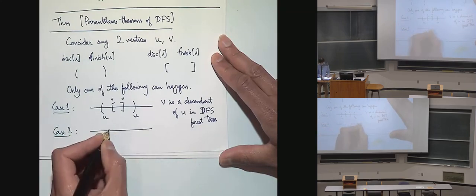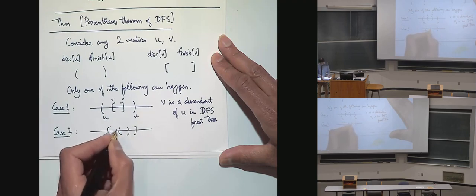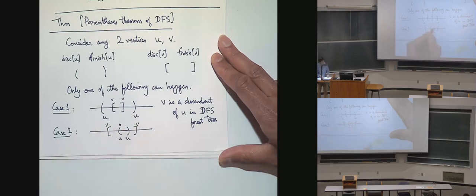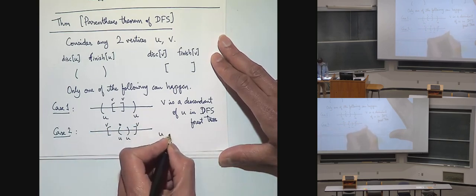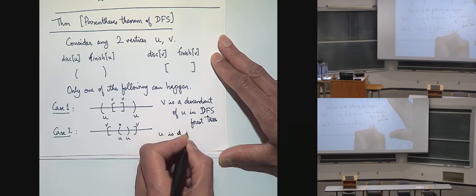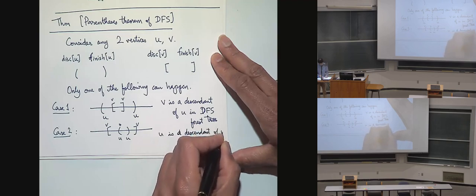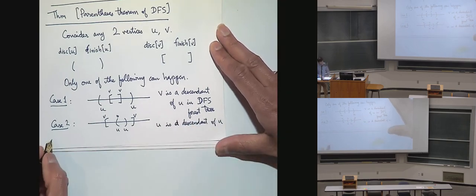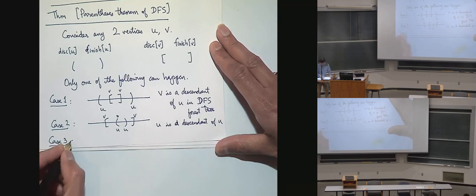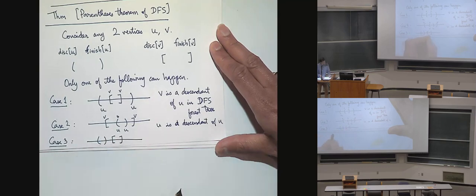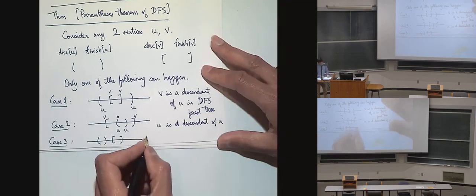Case 2 is the opposite of this picture. So U is here, V is there, and U is a descendant of V. And case 3 is this.